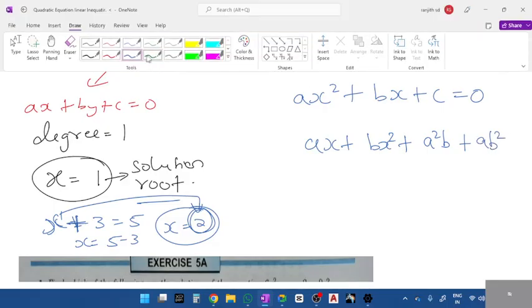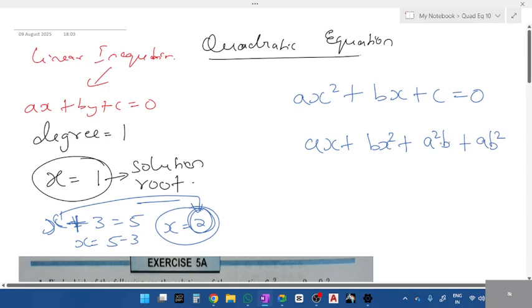So in total how many terms do we have here? How many terms, students? 4 terms. So you have to factorize this. Factorize in the sense you have to group it. Last year, do you remember, in 9th standard we studied this? You have to group. In the first group, which is common?